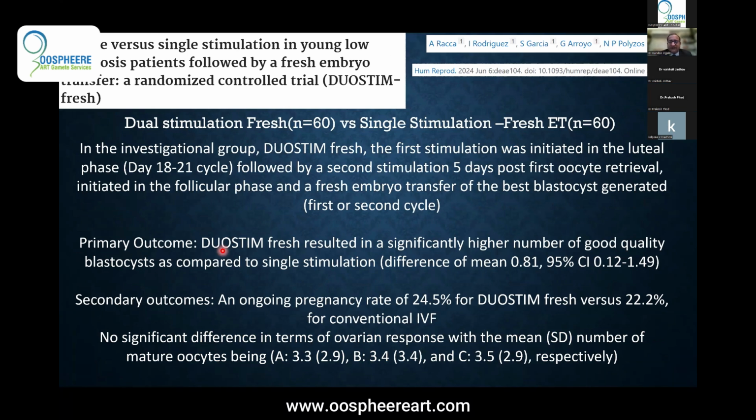Now there was a very interesting concept. Because we are doing follicular and then luteal phase stimulation, we won't be able to do a fresh embryo transfer. So this group thought, why can't we have stimulation two times, but the first stimulation we start in the luteal phase, meaning 18 to 21 days of the menses we start gonadotropins.